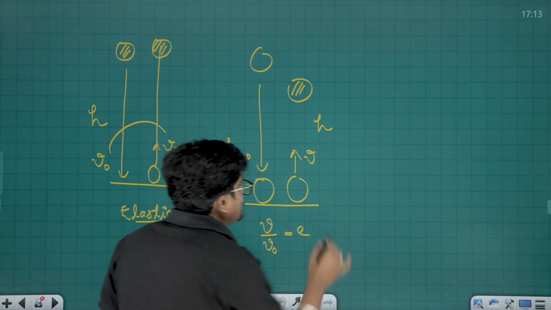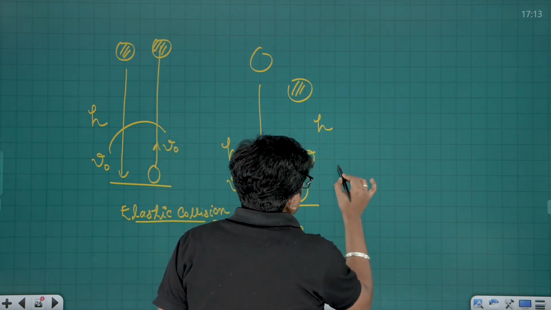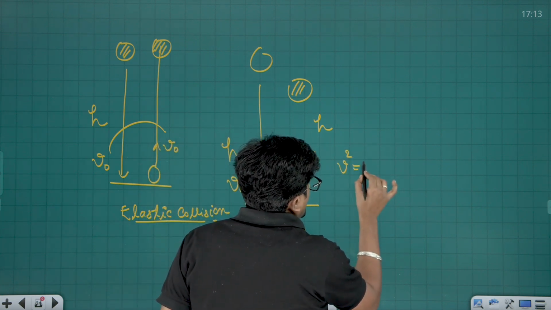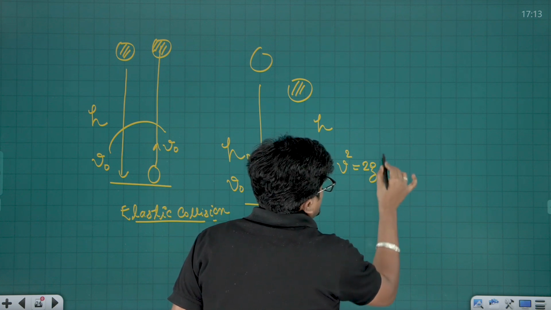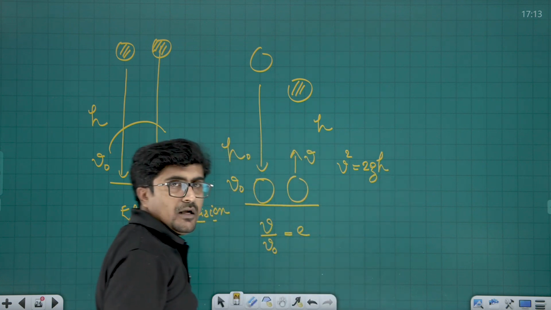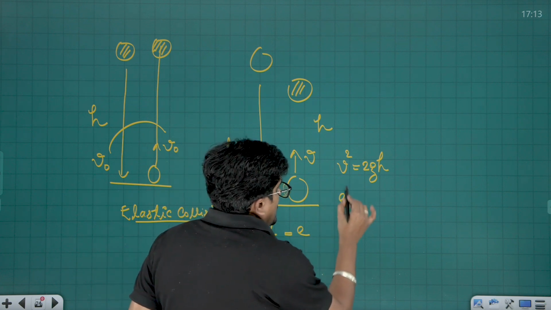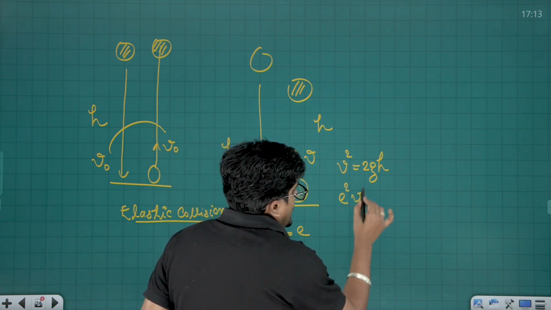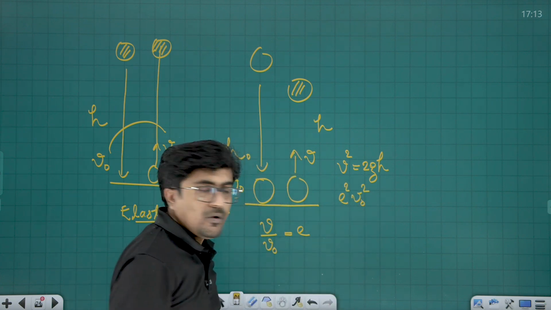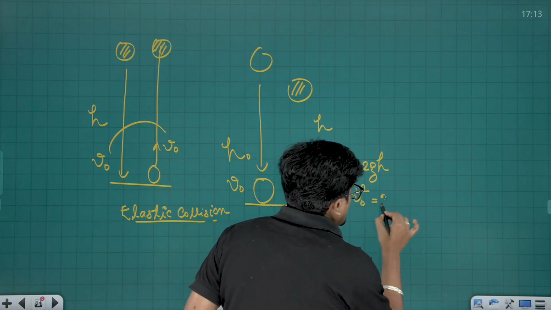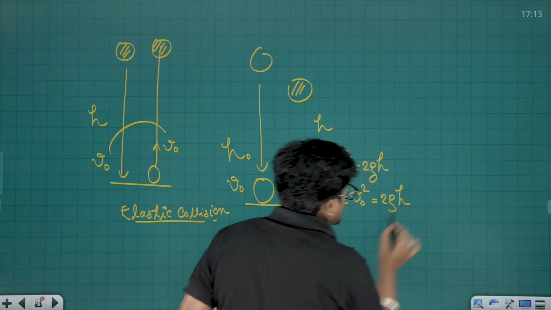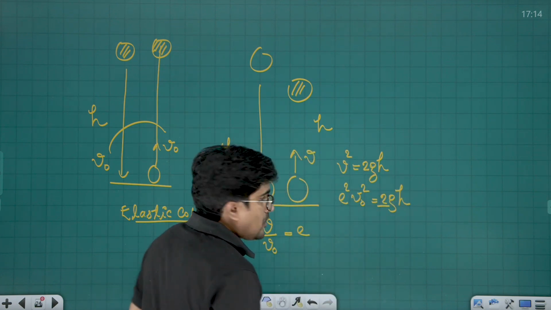Now how to get this value? Definitely we know that v square is 2 times g into H. And what is v square? V square is e square into v naught square. So that is equal to 2 times g into H. Now let me take this 2g down.